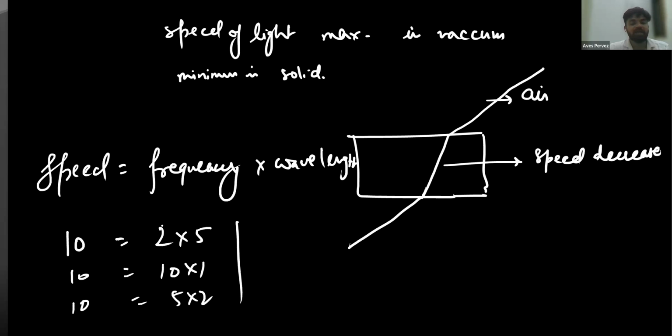For example, let's suppose now the product has become 20. If the product has become 20, what is going to happen? The initial product was 10, which is 5 into 2.